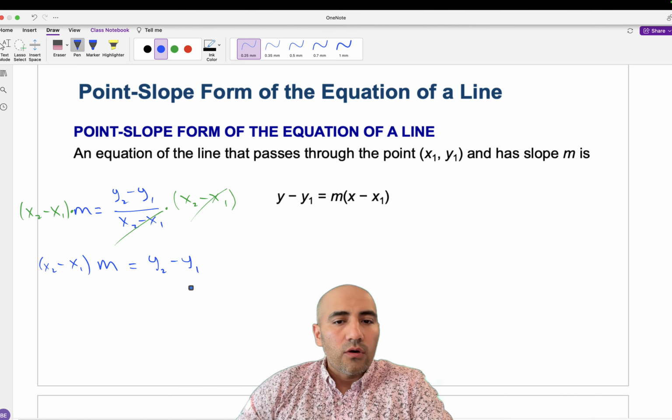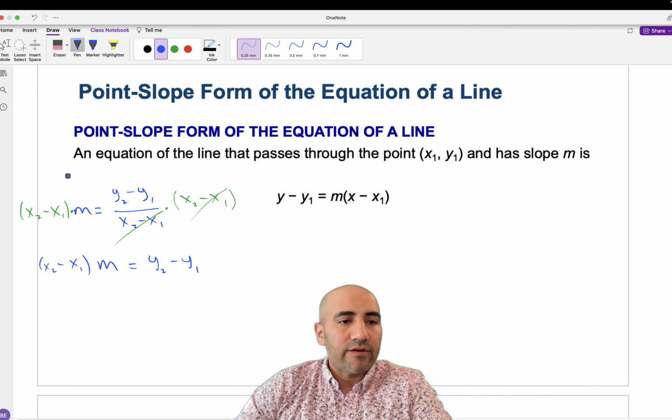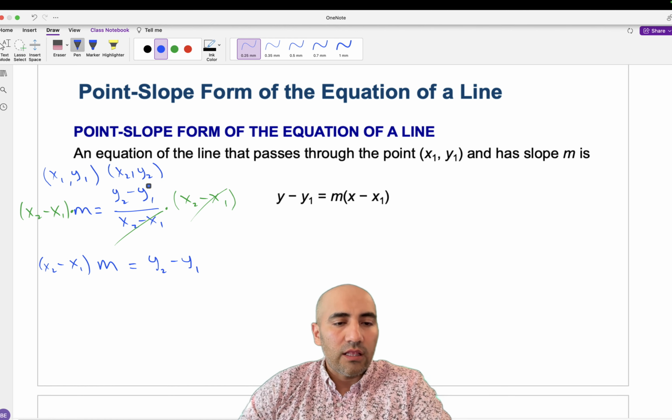Okay, so what we want to do now is think about the fact that this formula comes from the 2 points that are given, right? So we have x sub 1, y sub 1, and we have x sub 2, comma y sub 2. These are 2 points on the line. So now if we use one of them to be a given point, a constant on the line, and the other one is an arbitrary point, which we're just going to leave as x and y.